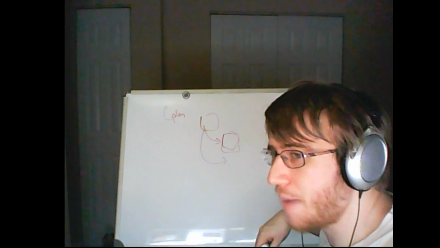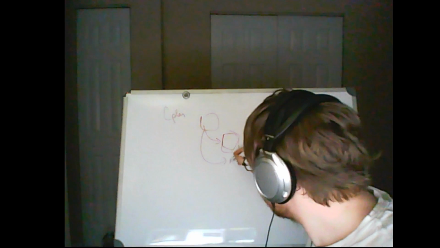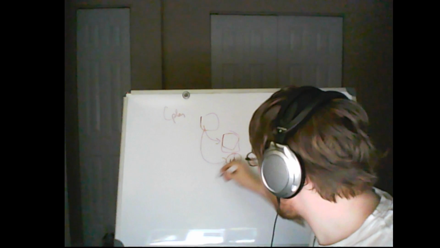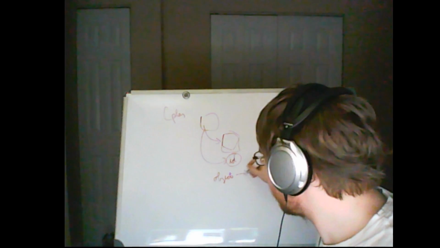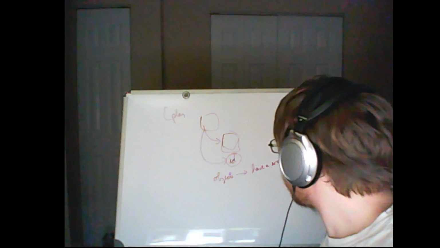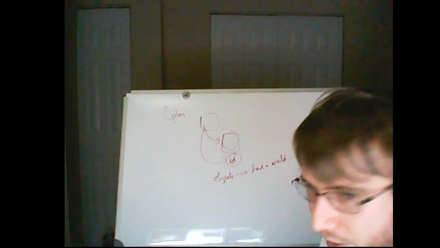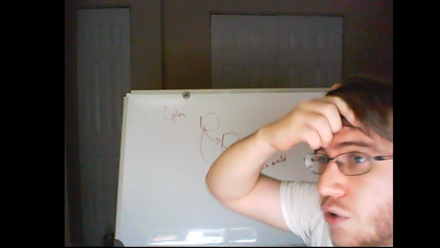I want to pass the ID of myself. And I want objects to just have a reference to the world. So that seems like a fairly big win to find that out, even though it means that there's going to be a little bit more restructuring.